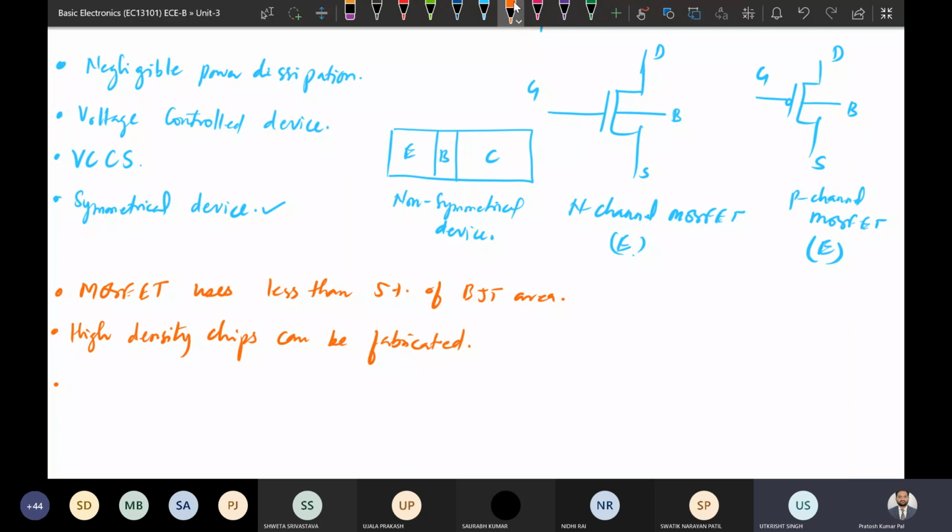In depletion we have already seen. In depletion type MOSFET, it is having a pre-existing channel.